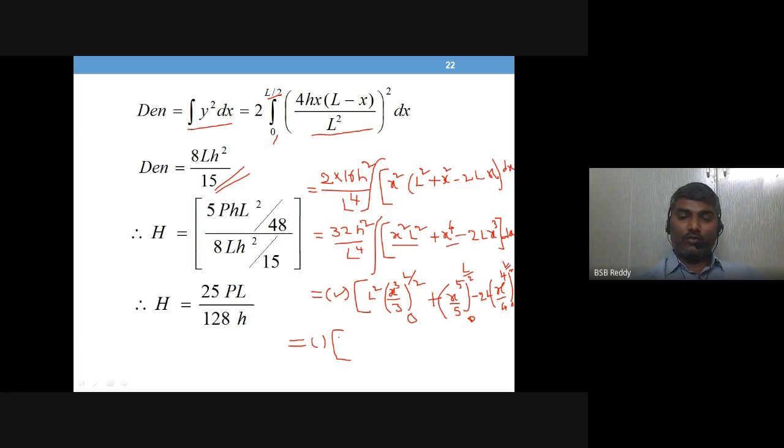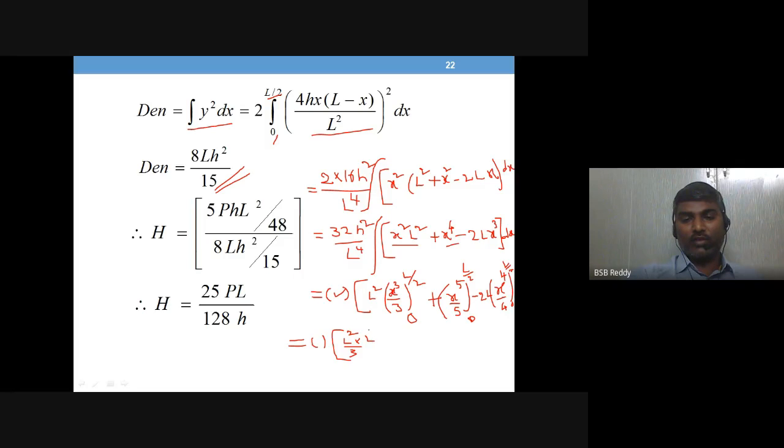Now you have L square into x cube, substituting upper limit L by 2 here. So it will be L cube by 2 cube. 1 by 3 is already there, so 3 will be there. x cube is L by 2 whole cube.